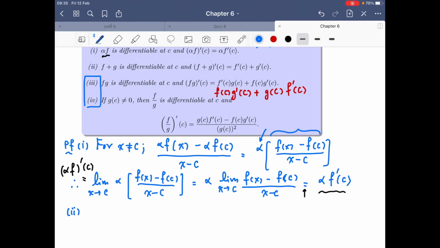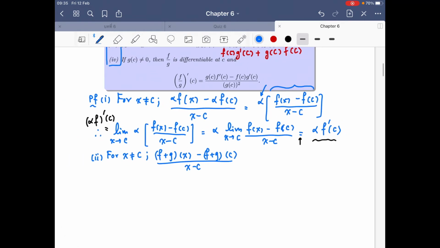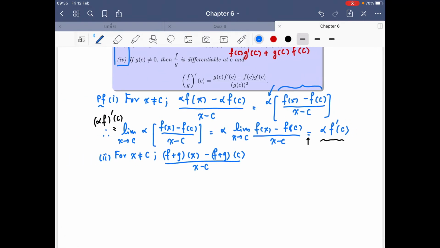Again, if x is not c, then f plus g at x minus f plus g at c over x minus c is the quotient that you need to calculate in order to determine the derivative of f plus g.